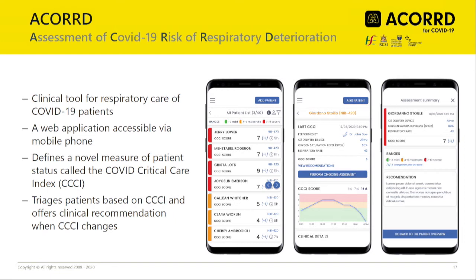And essentially it was developed at the time we were all seeing the horror pictures coming in from Lombardy, and it allowed predict 12 hours in advance which patients would need ICU care. The solution is adopted in 6 hospitals, but it's currently been held in reserve in case we get an escalation of hospital cases of COVID-19.